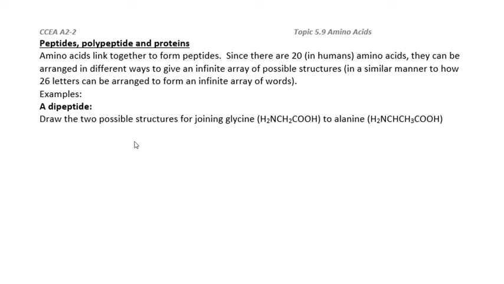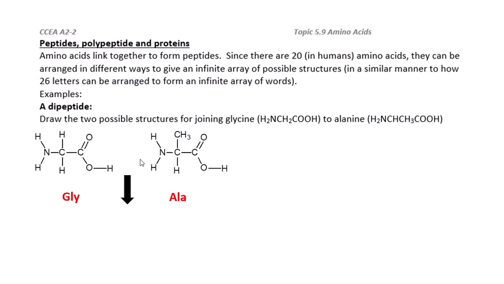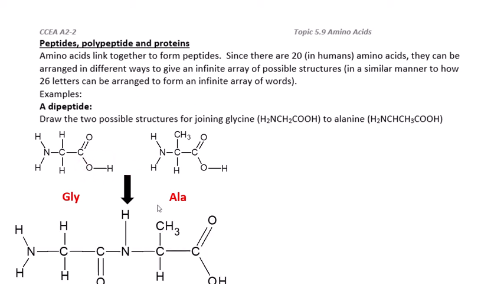If we want to form two dipeptides, we take our two amino acids and put them together. Looking at the screen, glycine is on the left, alanine on the right, and they link together by a condensation reaction. For these to condense, the OH has to be lost from the acid group and the hydrogen from the amine group, and then they form the dipeptide with water being eliminated.